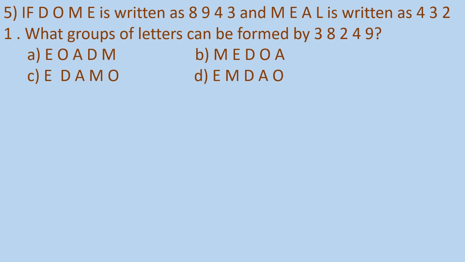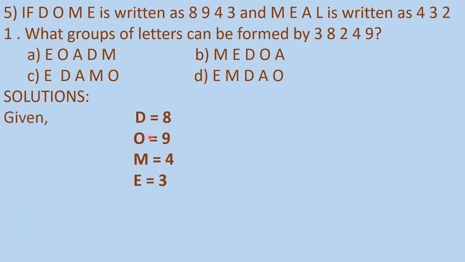Now beta, in question number 5 it is given if DOME is written as 8943 and MEAL is written as 4321, what group of letters can be formed by 38249? So first of all we will write what is given to us, that is DOME.